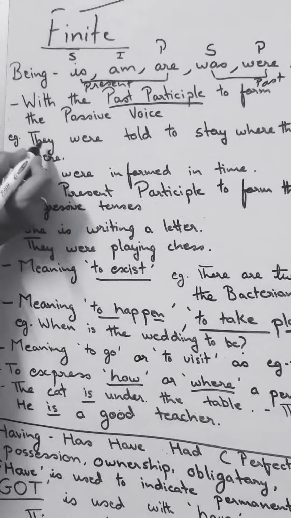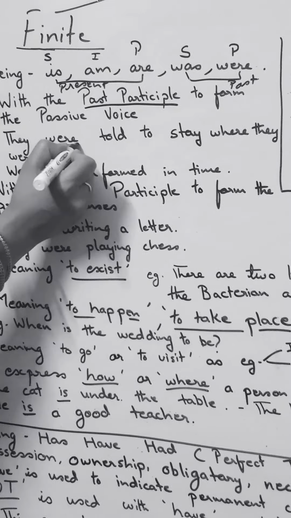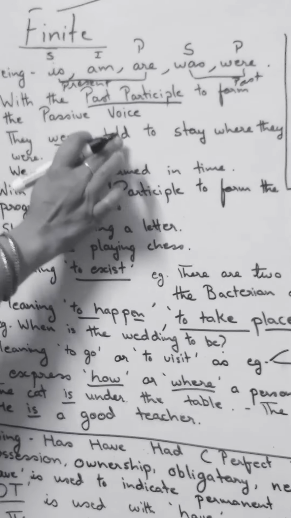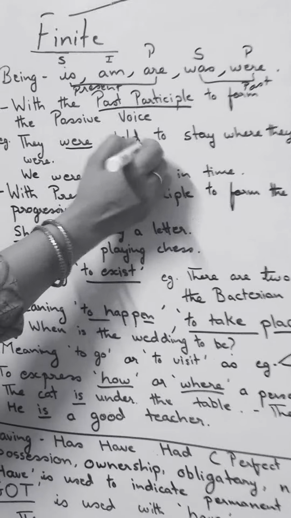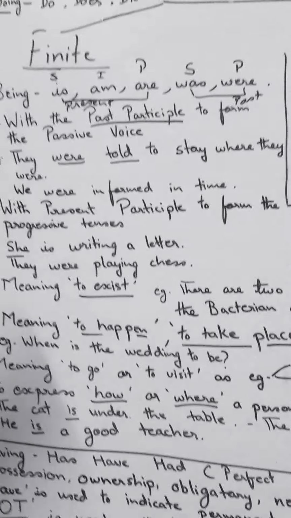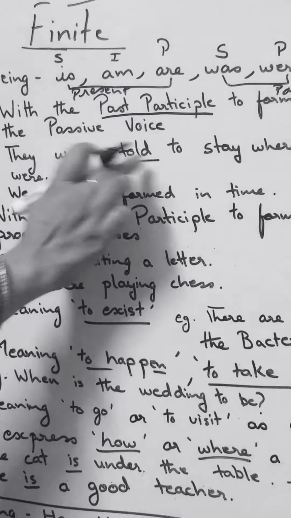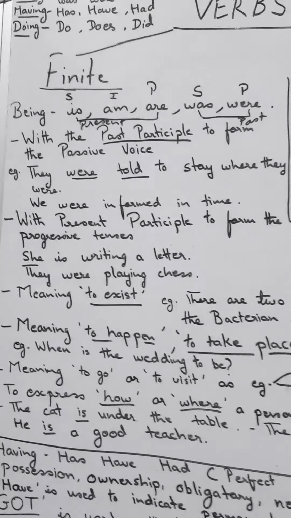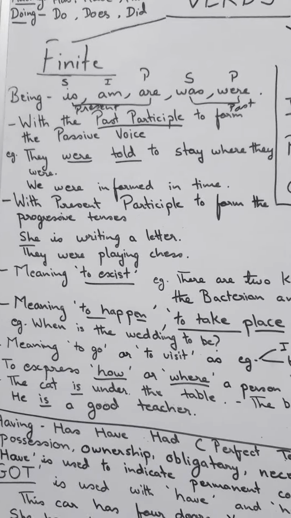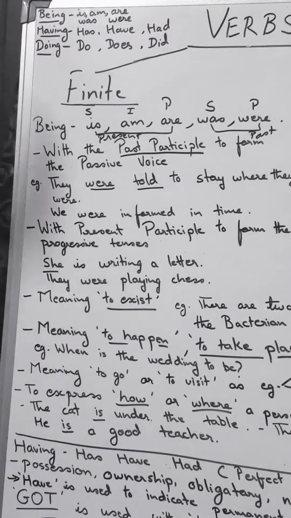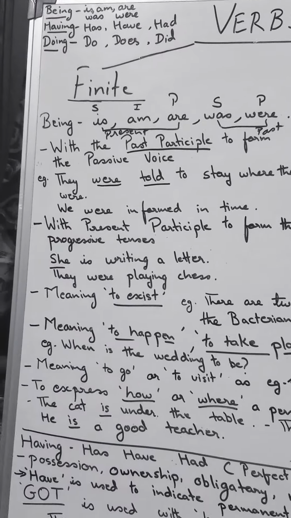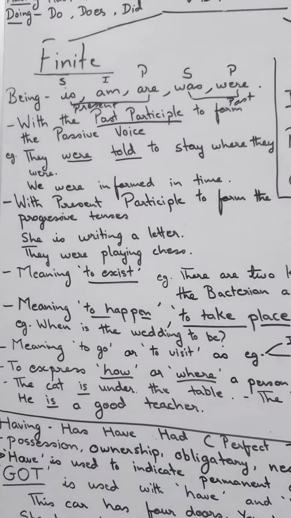For example, they were told, being form plus past participle, the past form of the first form of the verb, to stay where they were. So this sentence is passive voice. Directly you come to know, whenever you see being form plus past participle, that is the content of passive voice.